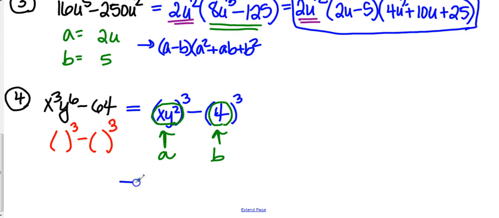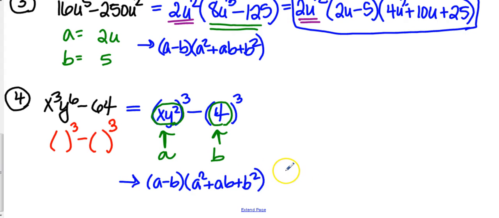Give it a try on your own. Remember, you are writing your general model. We're going to write it over and over and over again until it becomes muscle memory. A minus B, A squared plus AB plus B squared. Press pause, give it a shot, and then we'll check answers.